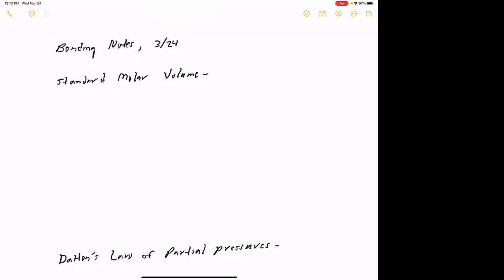Okay, so what this corresponds to is the volume of 1 mole of gas taken under what we call standard conditions.